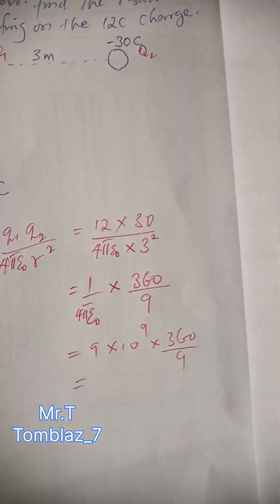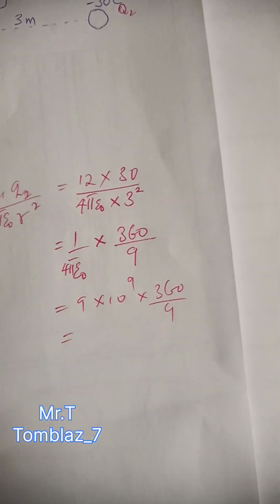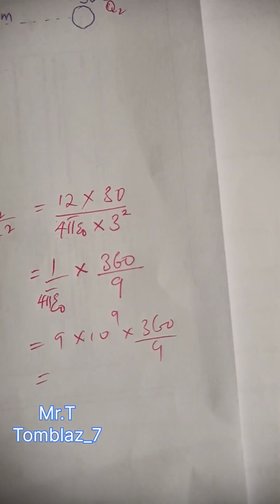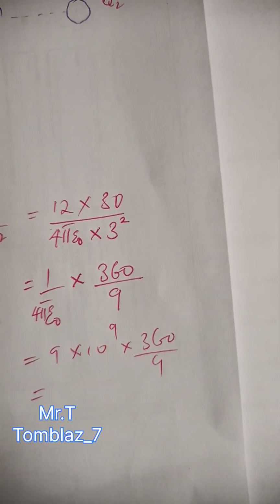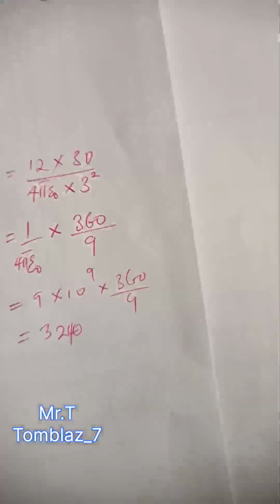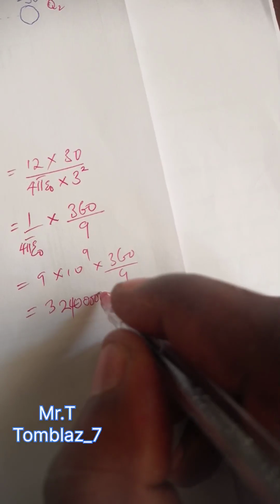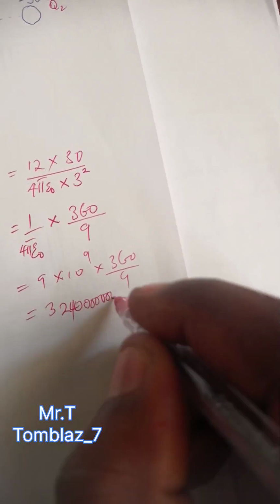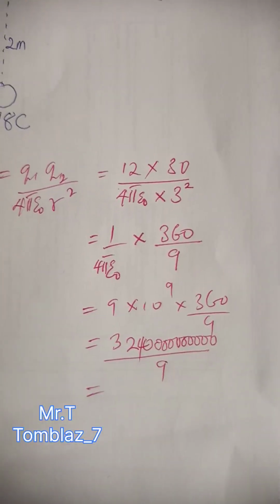So we'll be having 9 times 10 to the 9 times 360, which gives 3240 times 10 to the 9, divided by 9.